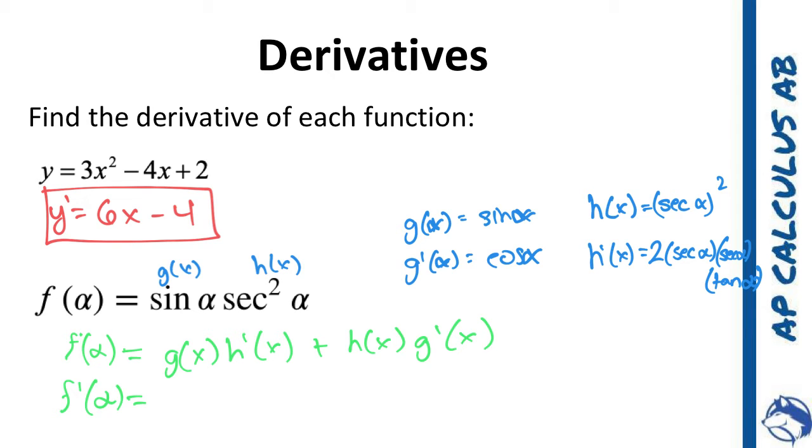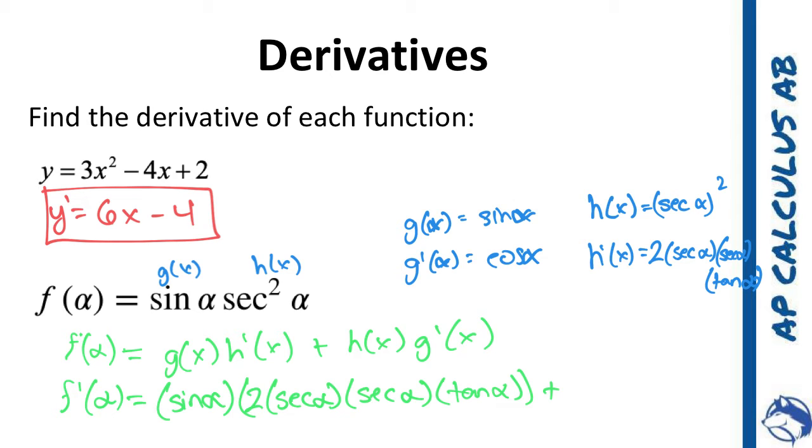When I do that, all I'm doing is taking the pieces that I wrote out and writing them down. So this is the sine of alpha times h prime of x, which is 2, times the secant of alpha, times the secant of alpha, times the tangent of alpha. And then I add this to h of x, which is just my regular old secant squared of alpha.